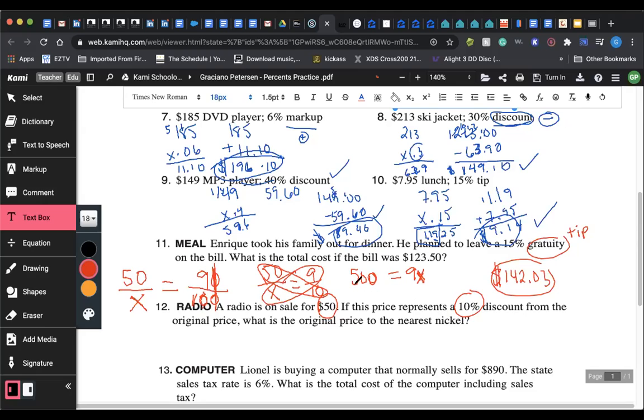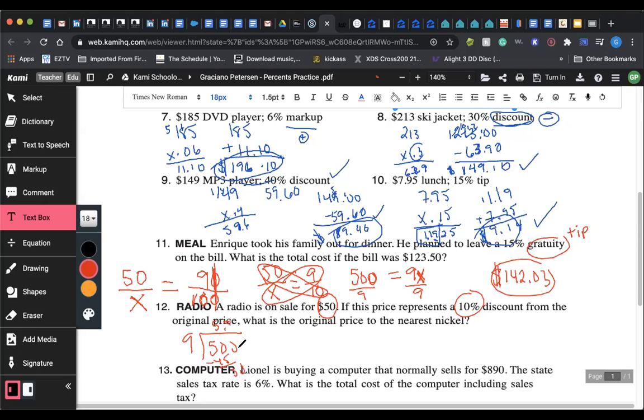So, all right, we have 500 equal to 9 times x. In order to solve this, the last thing I need to do is divide both sides by 9. So how many times does 9 go into 500? How many times does 9 go into 50? 5 times. Good. 9 times 5 is 45. I get 50 again.